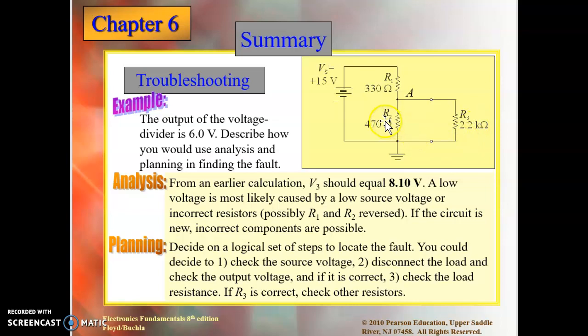Yes, disconnect that and make sure you are actually getting a higher voltage here, at least the 8.10 volts. Three, check the load resistance. If R3 is correct, check the other resistors. So first start with the basics. Check the voltage. If the voltage is not 15, then make sure it is. If not, remove the load and make sure you get a higher voltage here. Then make sure the resistors are in the right order.